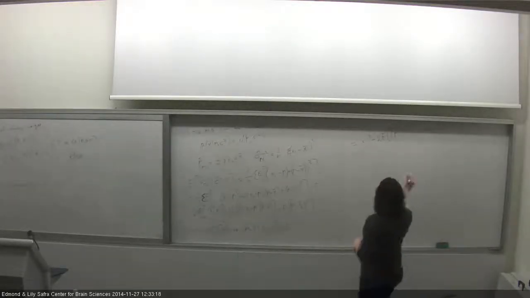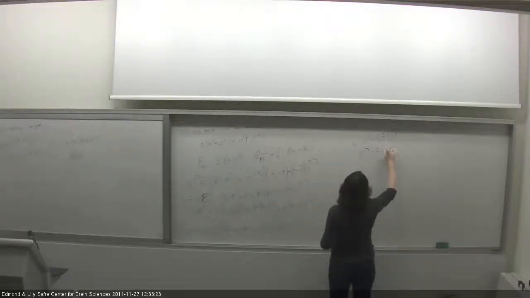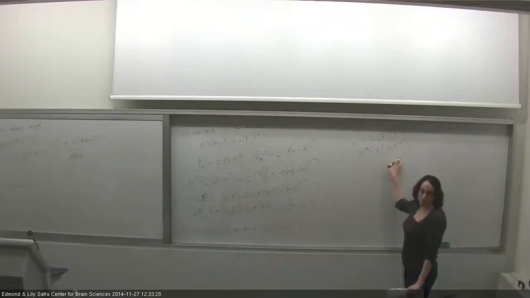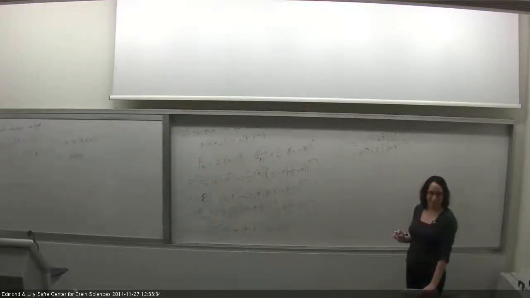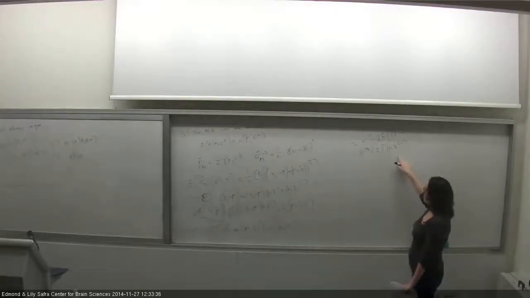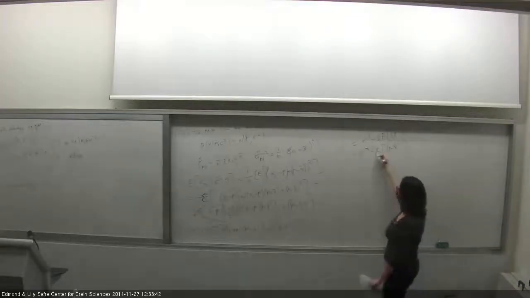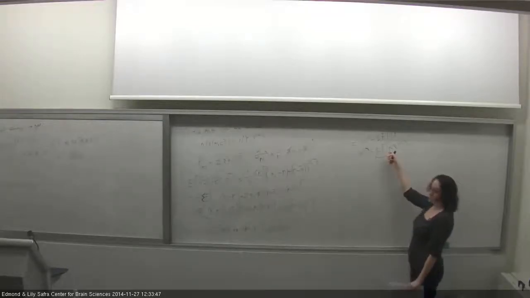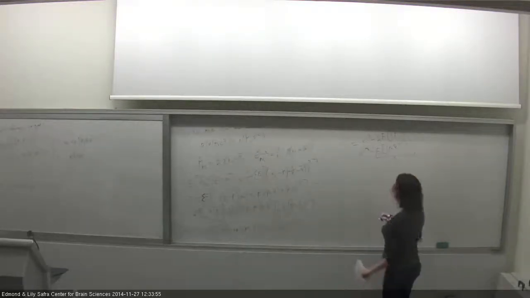So this is just sigma squared minus the expected value of mu minus x bar squared. But what is this term? This is the variance of the average. The expected value of the average is mu, so this is exactly the definition of the variance for this random variable, and the variance is sigma squared divided by n.